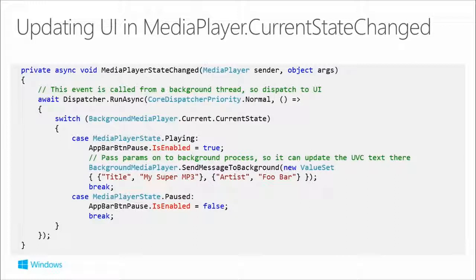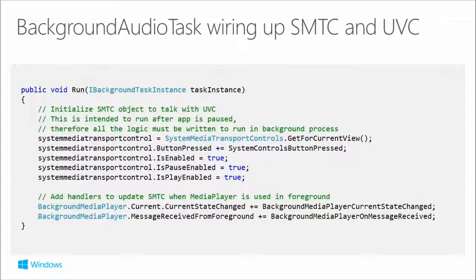And if we're playing, we're going to make sure that our UI is enabled for the playing scenario. If we're paused, we're going to make sure our UI is enabled for the pause scenario. If we're paused, we probably want to start playing. If we're playing, we probably want to start pausing it.